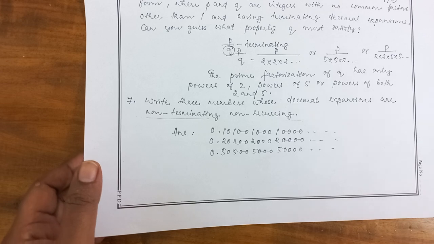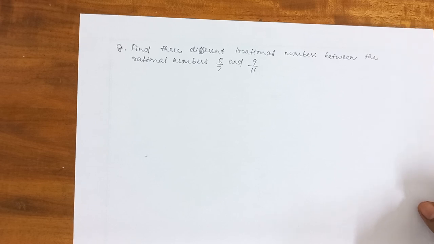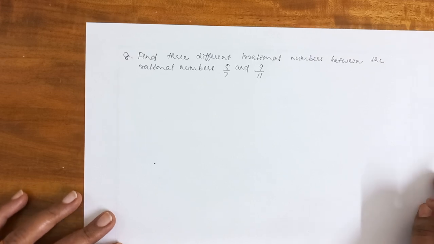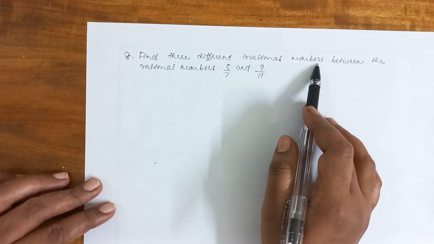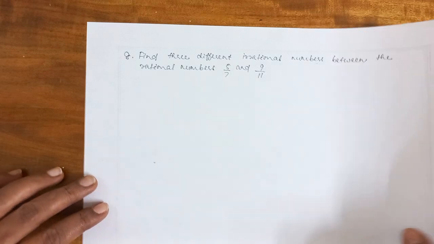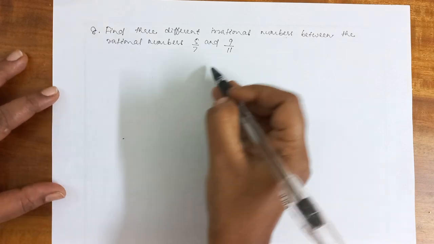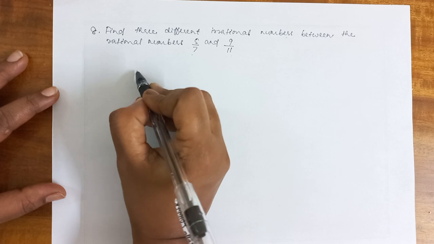The next question is, find three different irrational numbers between the rational numbers 5 by 7 and 9 by 11. So first you have to find the decimal expansion of 5 by 7 and 9 by 11.